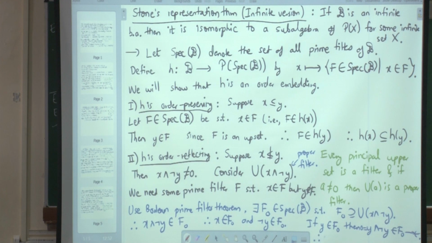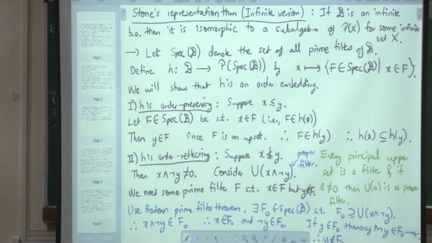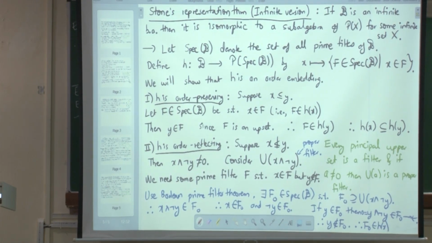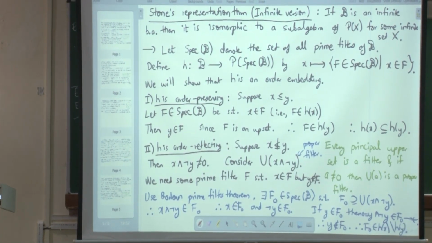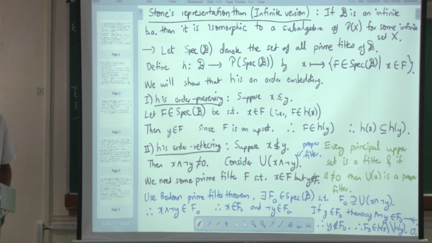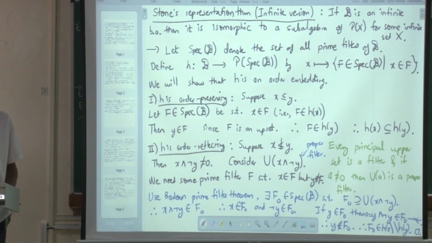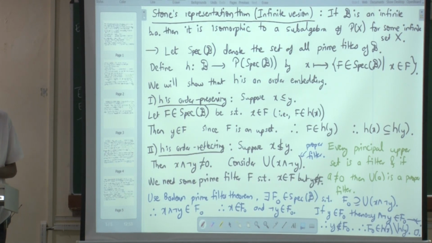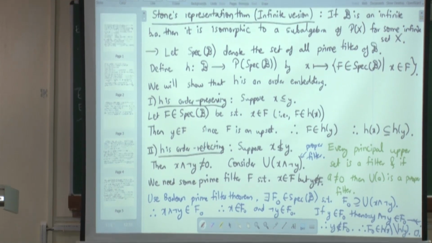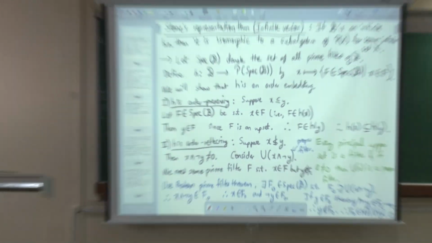So therefore, Y is not in F0 and therefore F0 belongs to Hx but not in Hy, and we are done. We proved that it is an order reflecting map also. Any questions? Okay, then we are done.